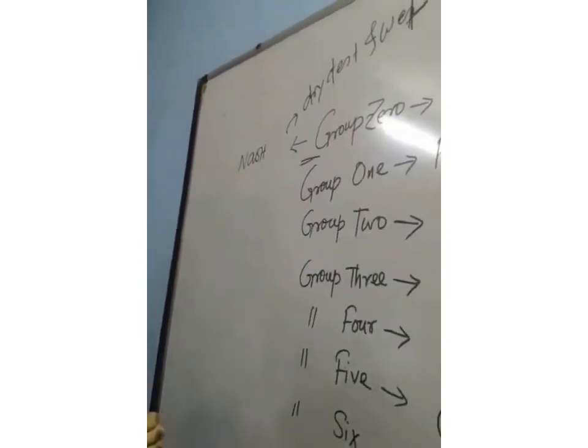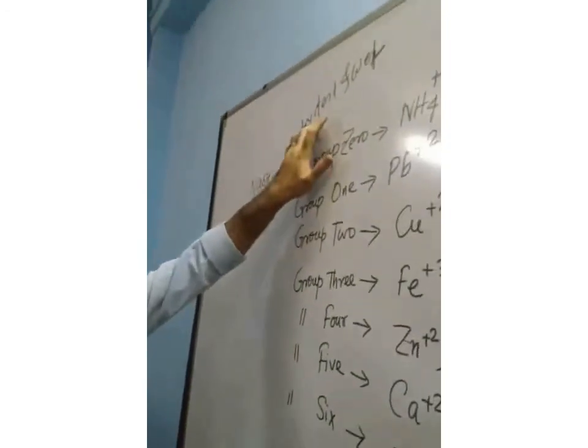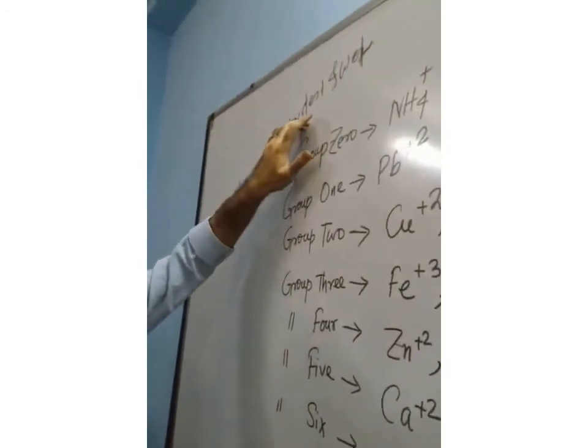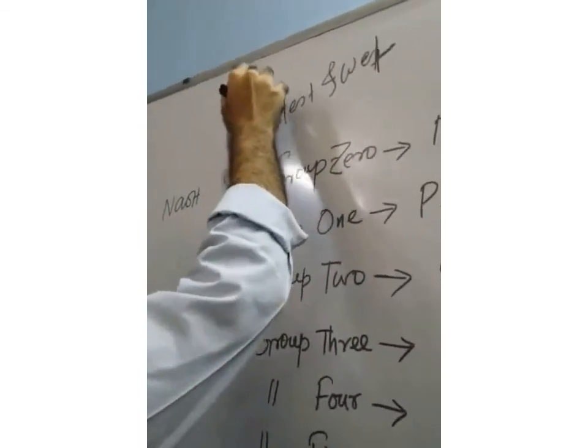A dry test is where we heat something and then get the result. A wet test is where we perform the experiment not with solid samples but with solutions. The conclusions of a dry test come from solid samples, so we perform the dry test using solid samples.